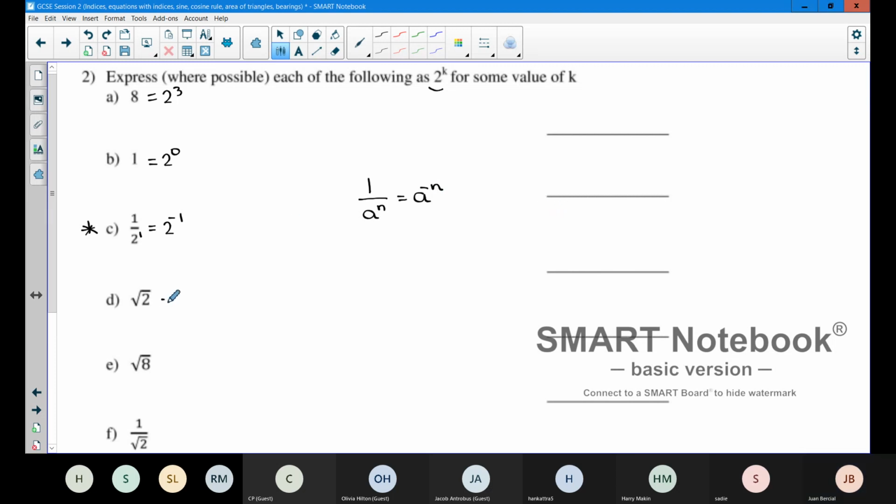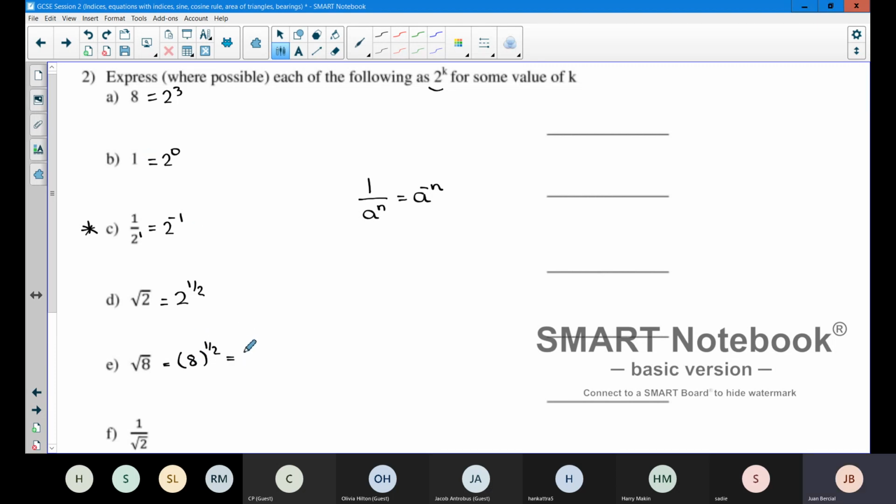Root, remember that a root like that is a square root. So a square root is the same as 2 to the half. For this one here, we're going to write it as 8 to the half, because it's a square root.